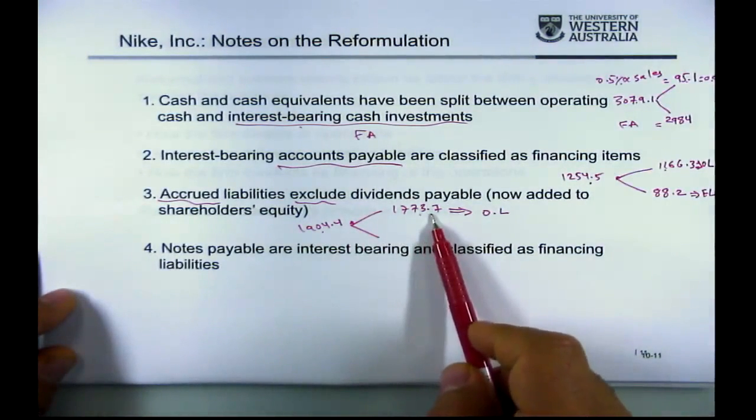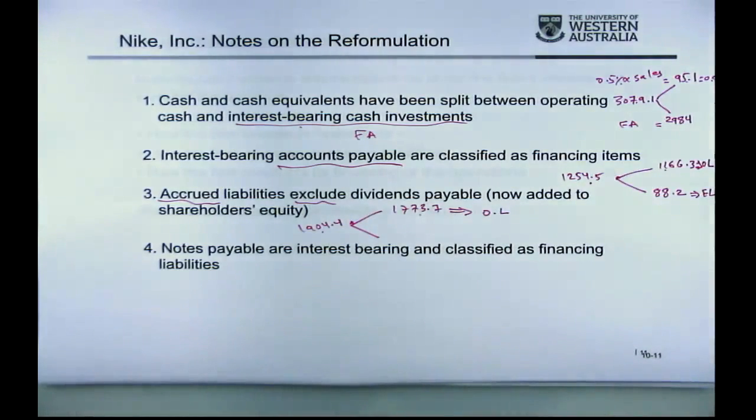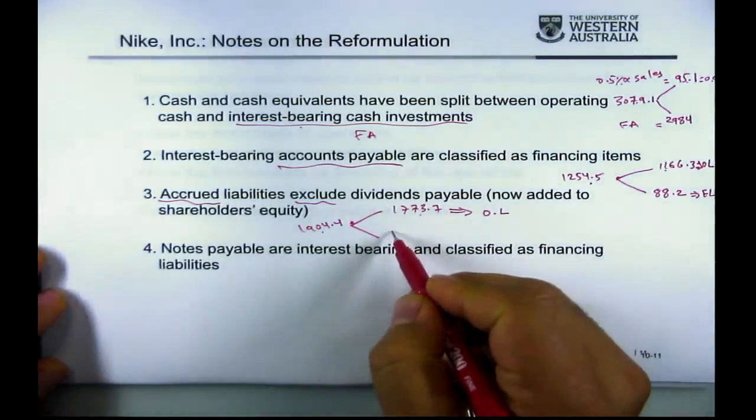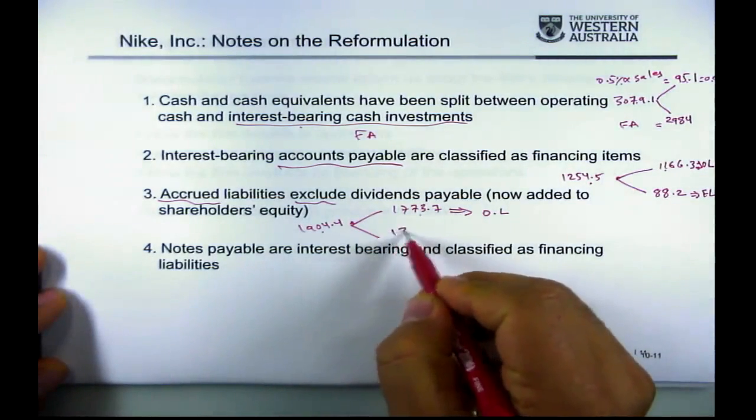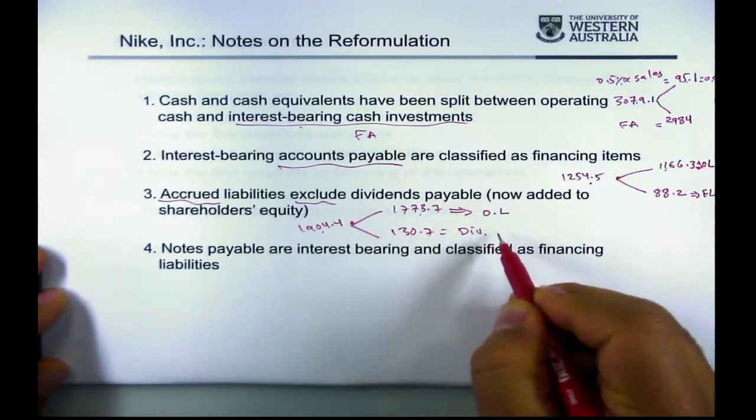Do you have a calculator? Please do it. I think it should be 130 something. 130.7, right? Okay, that's correct. So this is 130.7, the dividends payable.